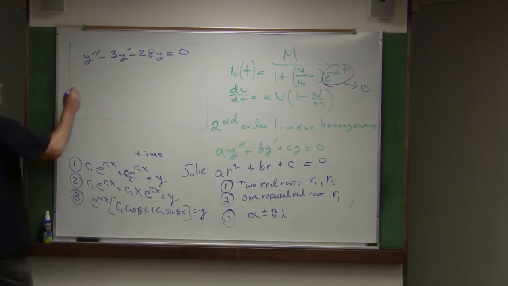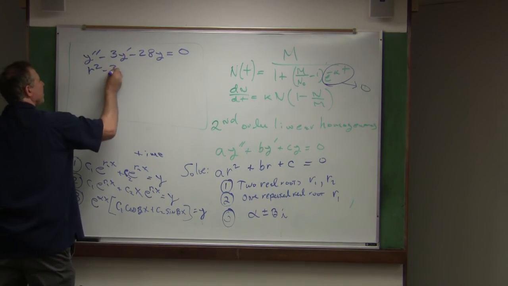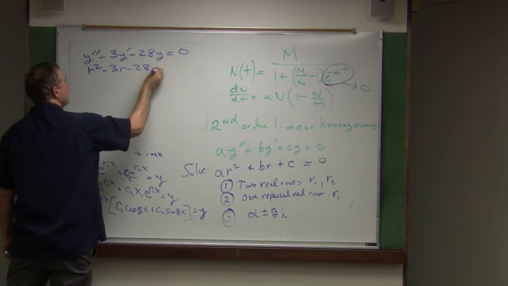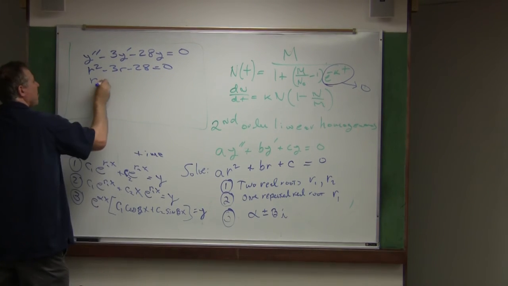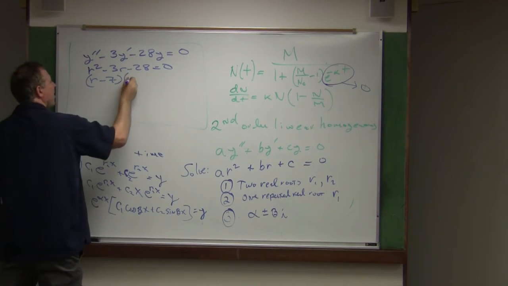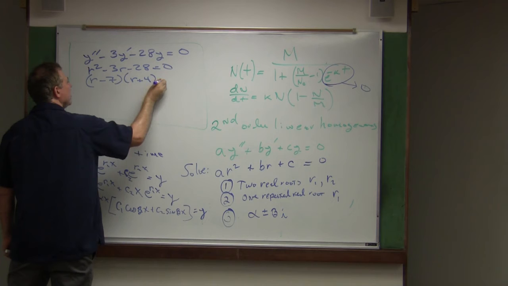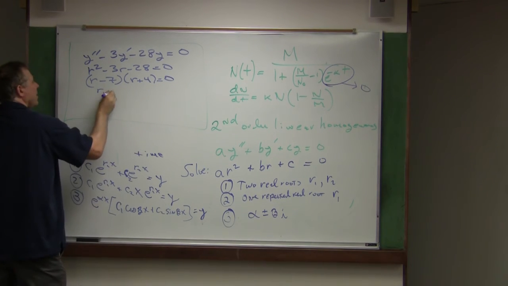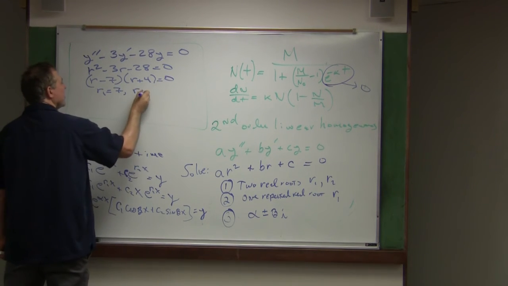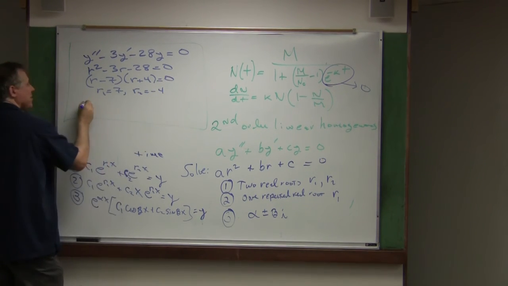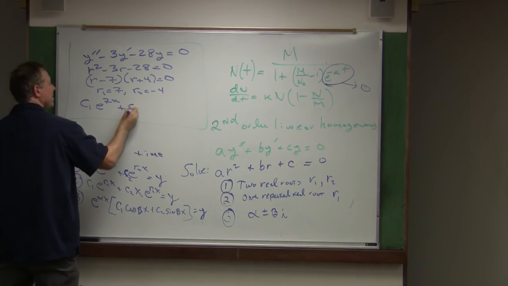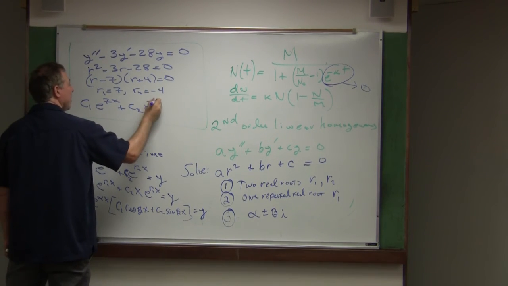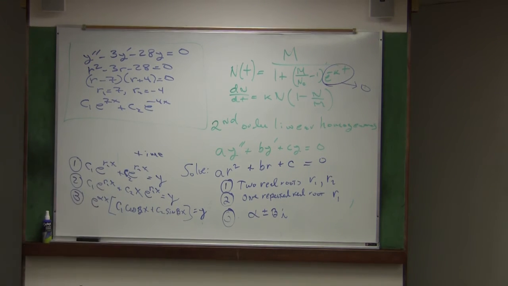All you do is r squared minus 3r minus 28 is 0, r minus 7, r plus 4 is 0, r1 is 7, r2 is negative 4. Your answer is c1 e to the 7x plus c2 e to the minus 4x. Is that easy? It's just going to be like that. It's a nice trick.